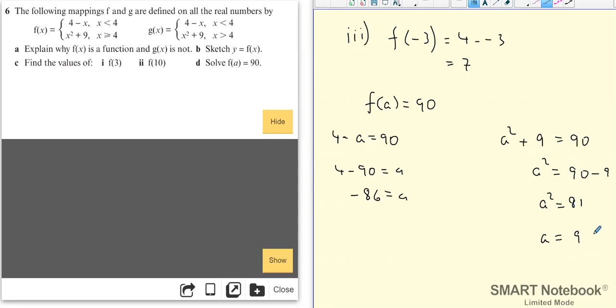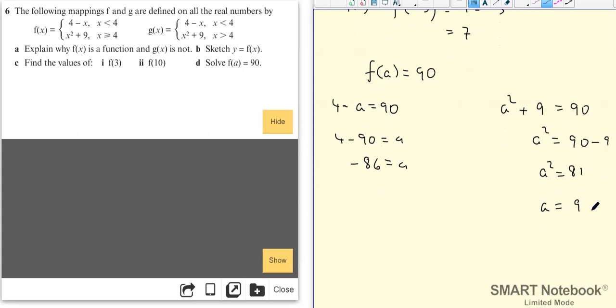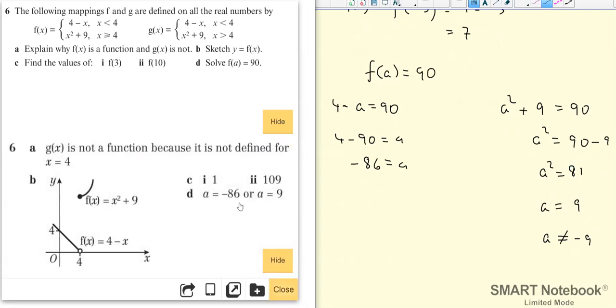So do not take the negative root of this. It's not minus 9. A does not equal minus 9, because a can only be greater than 4 on this side. Does that make sense?